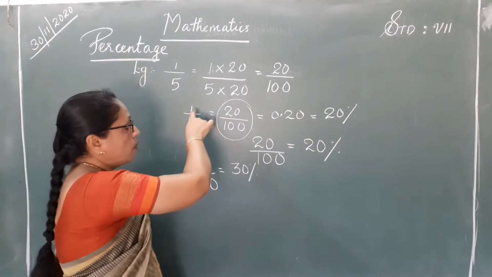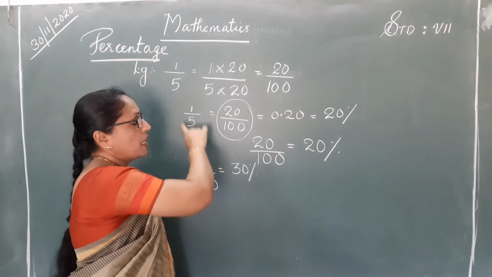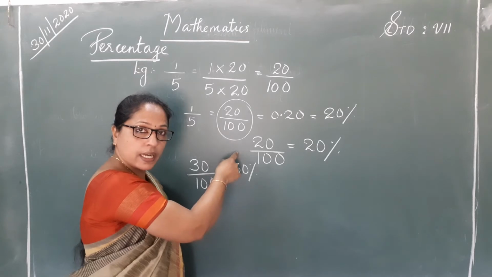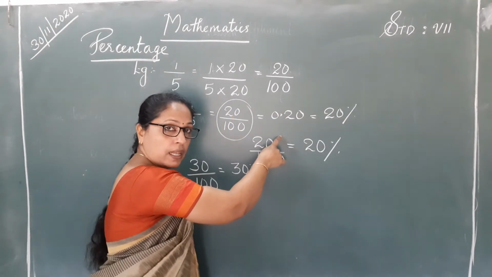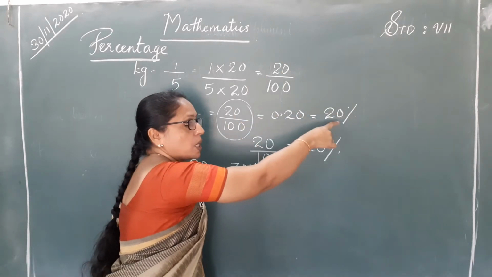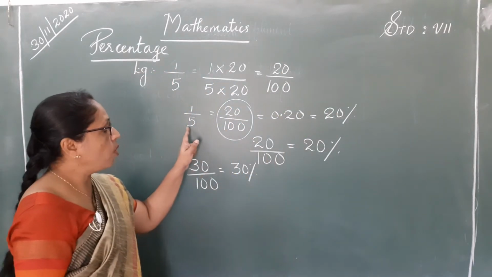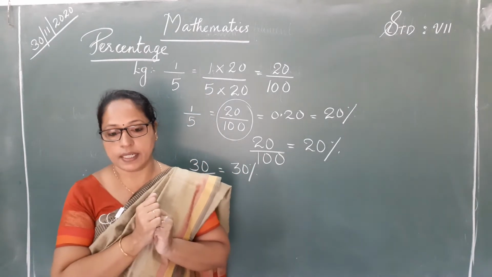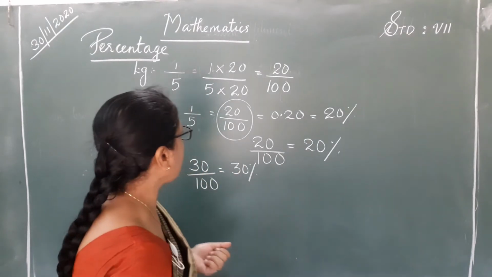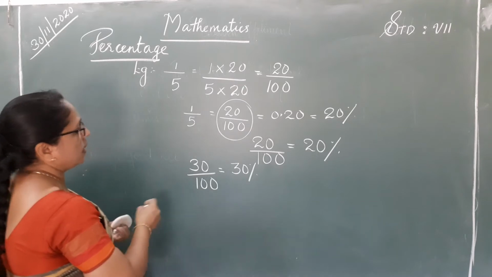That is, a normal fraction is given. We changed it into a fraction with the denominator 100, its equivalent fraction. That is changed into a decimal, and the same equivalent fraction is changed into a percentage. So all these facts are interrelated, interconnected. Now let's see another example.